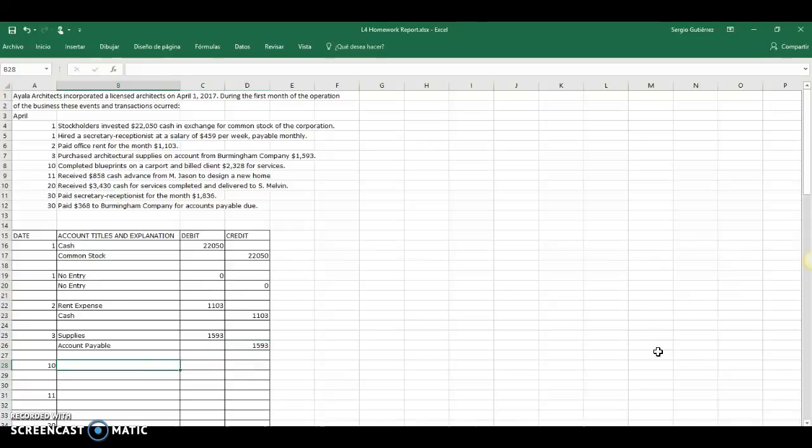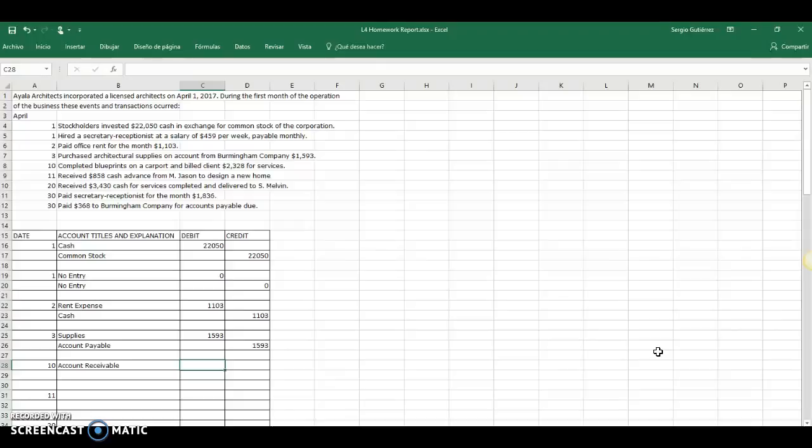On day 10, Ayala completed blueprints on a carport and billed the client $2,328 for services. So the account we are going to use is accounts receivable, since Ayala didn't receive cash, so they are going to receive it in the future.